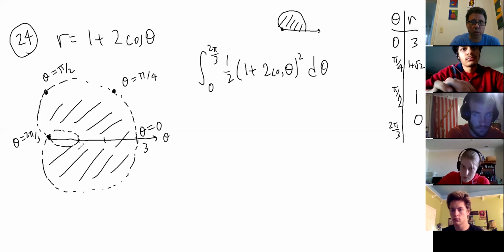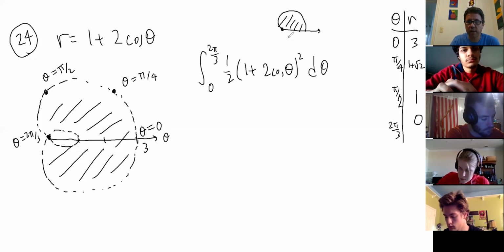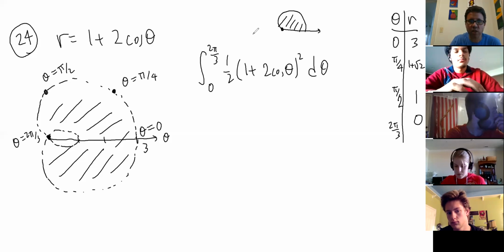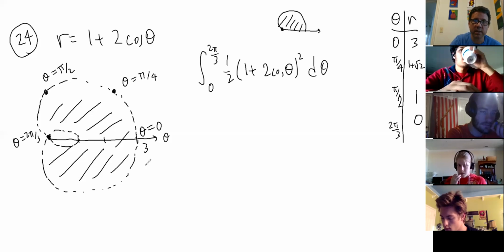I don't want to include the stuff on the inside. So the only way to really deal with that is to subtract off the part that I don't want. I mean, technically, if I doubled this, I'd get the entire interior.